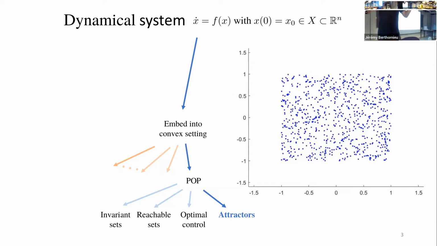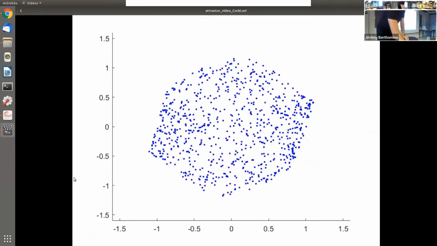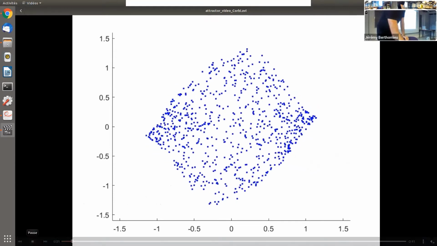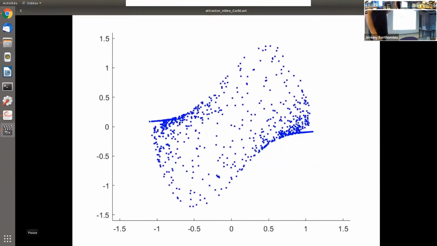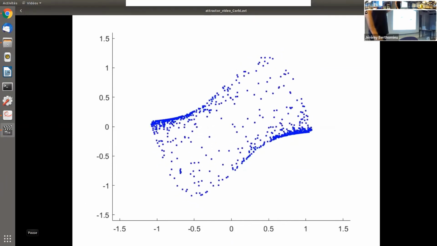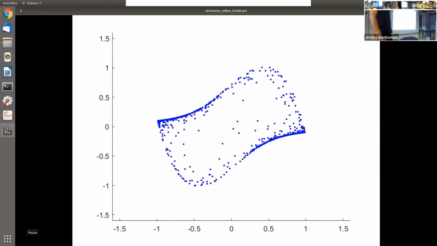So the main idea is attractors, they characterize where points eventually flow to. And I have a video here. Yeah. So here I took just a random set of initial conditions, and we'll see how they will evolve in time. So they just follow the differential equation. And slowly we see they approach a shape that we've already seen before.